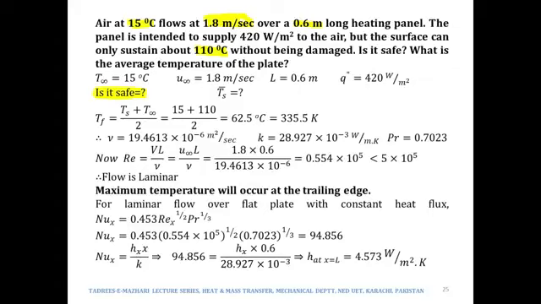So let's first find out the film temperature. Again, the flow of most of the problems would remain the same. So we would be finding out the mean film temperature first, which is the average of Ts and T infinity. It comes out to be 335 Kelvin. So we can then find out the properties.